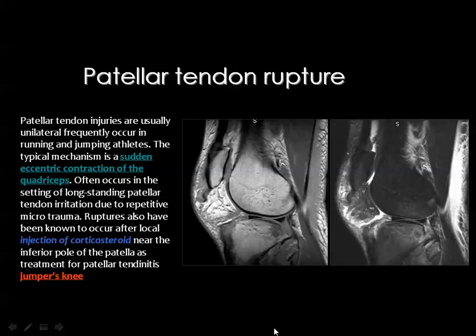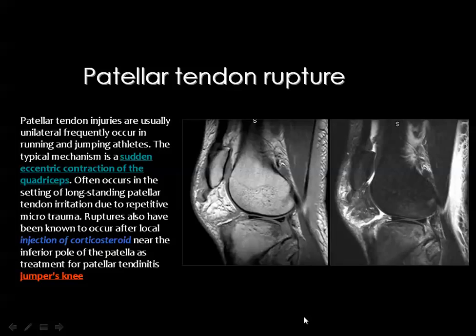And here is an example of a patellar tendon rupture in this particular area, and you can see the wavy and lax appearance, or you may say retraction of the tendon, and the presence of fluid signal at the site of the rupture, as well as bone marrow edema near the area.